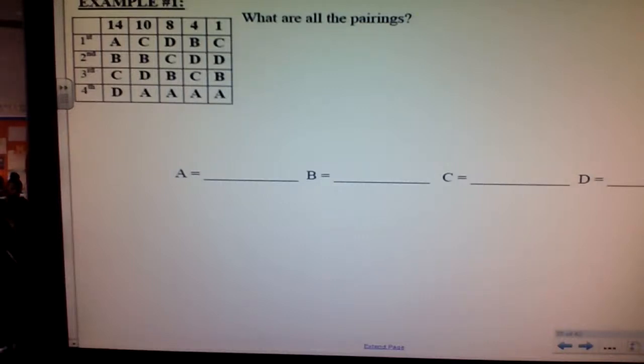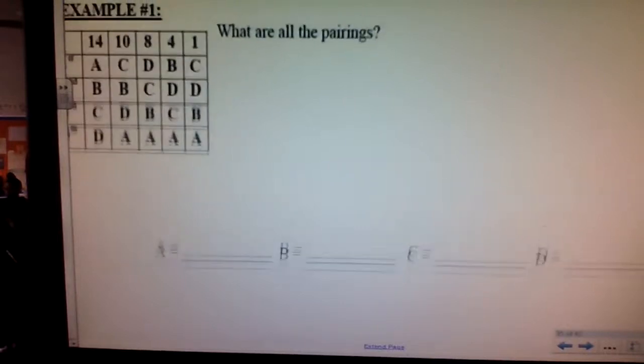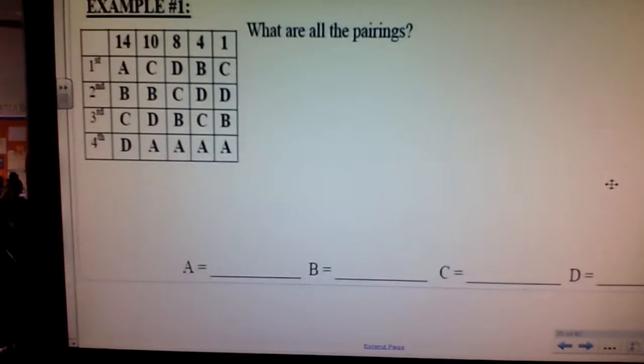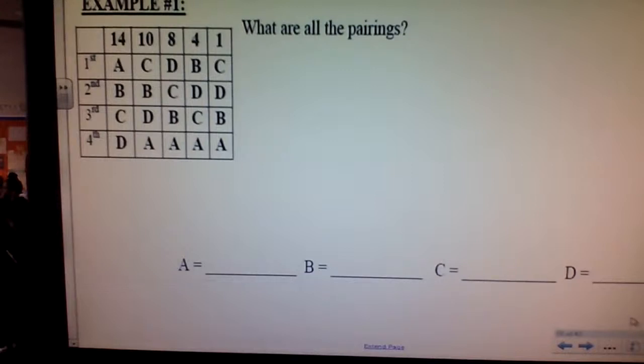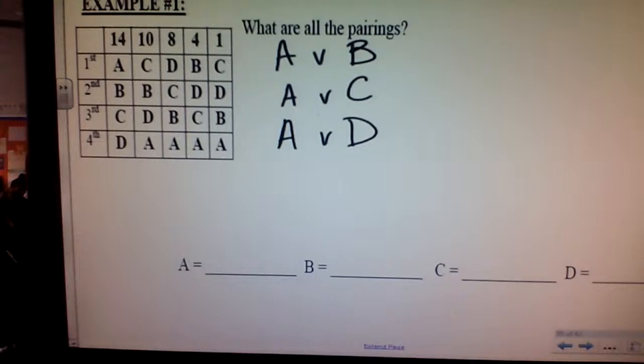Okay? So the first thing you need to list when you're doing this method is who has to play who. You need to pick a letter and make your first column of comparisons. I always start at the beginning of the alphabet. So who does A have to play? B, C, D. And B has to play C, D, and then C has to play D. Good.